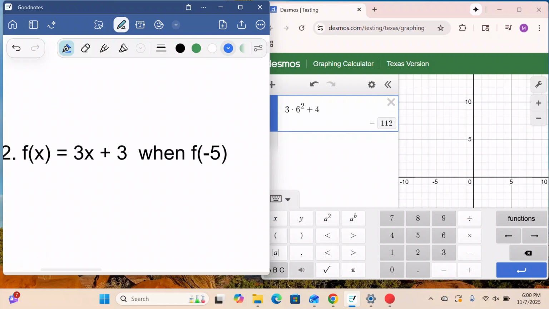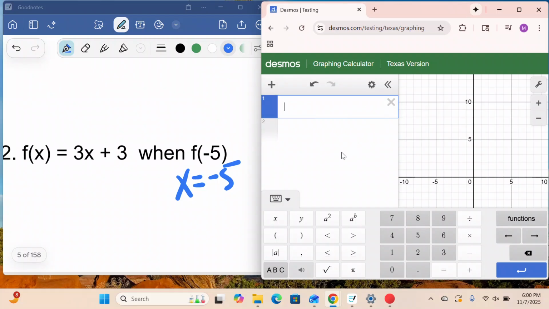If you look at the next one, we're going to do f of x is equal to 3 times x plus 3. Here we have our x value being x is equal to negative 5. So in place of this x, I am going to input it in Desmos.